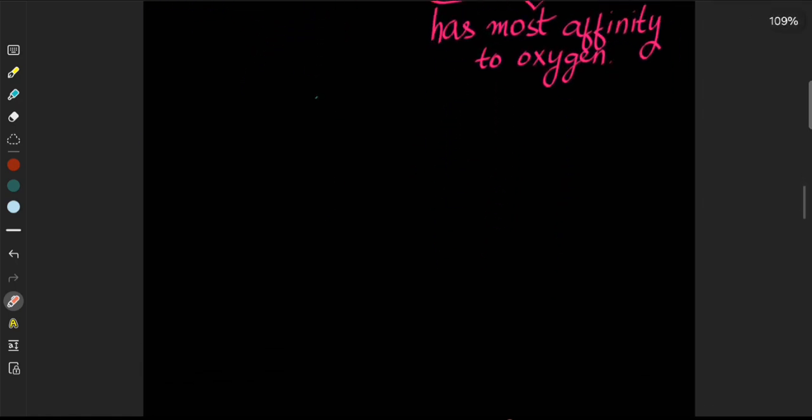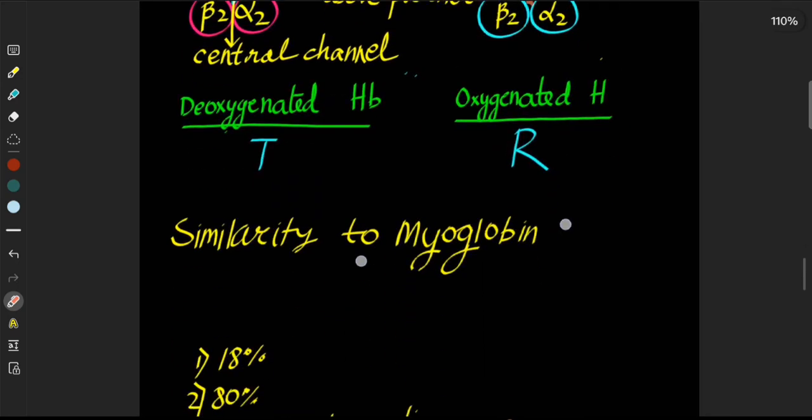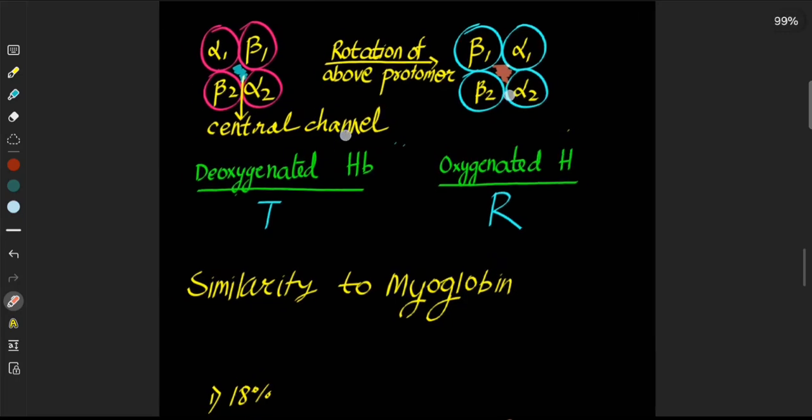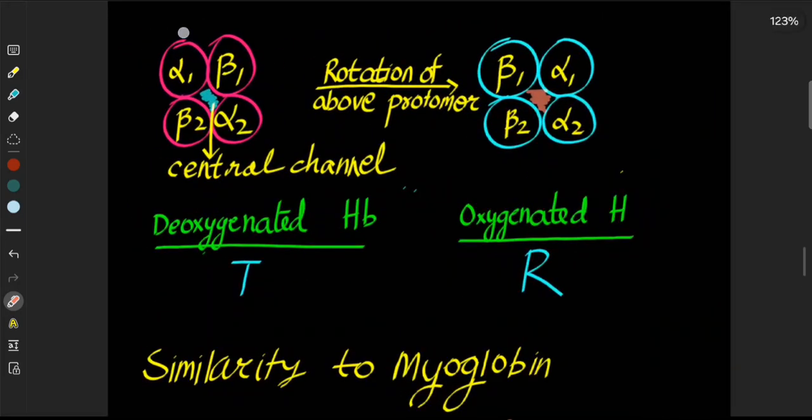Other than that, now let us see what the hemoglobin structure of a normal adult looks like. This is the structure of hemoglobin. It has two alpha chains, right, and two beta chains, right, and there is a central channel out here, which does not allow this alpha 1 and this alpha 2 to interact with one another.